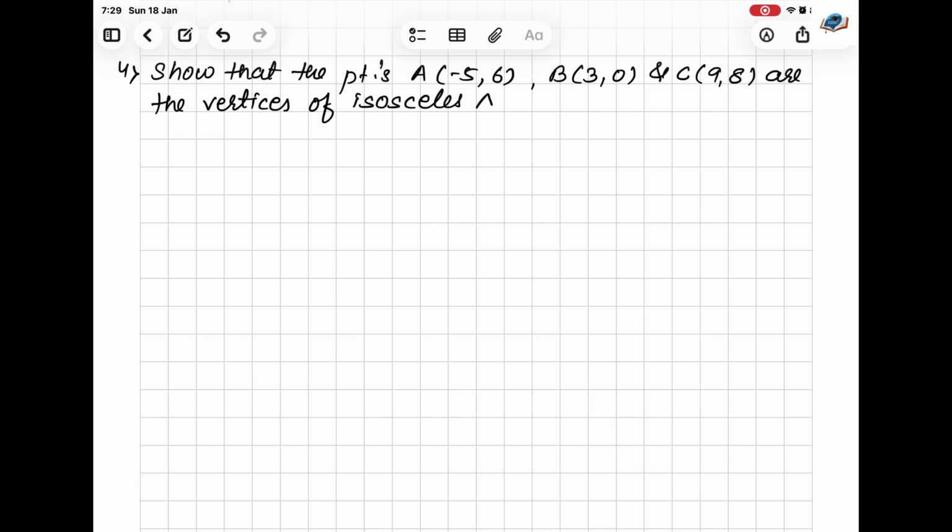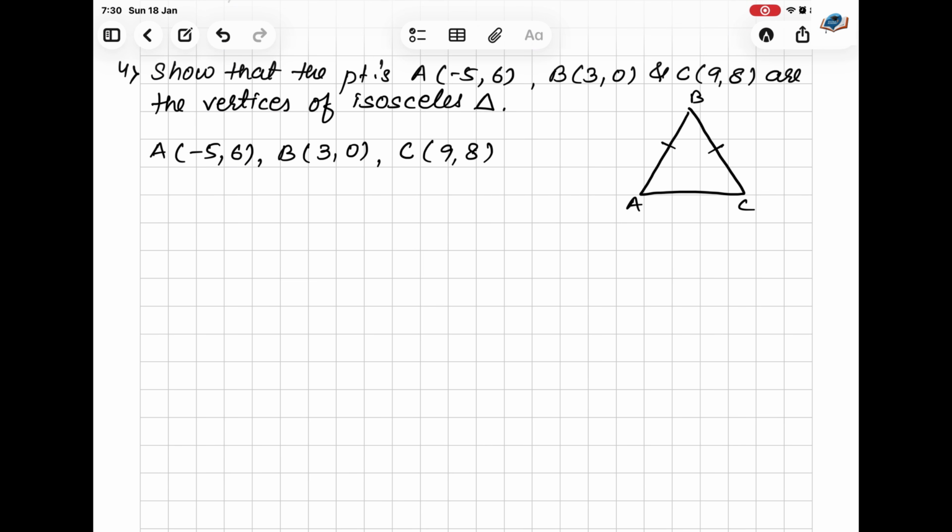So let me make an isosceles triangle first. So let this be B, A and C. So AB and BC are equal. So A is (minus 5, 6), B is (3, 0) and C is (9, 8). So therefore AB equal to BC.